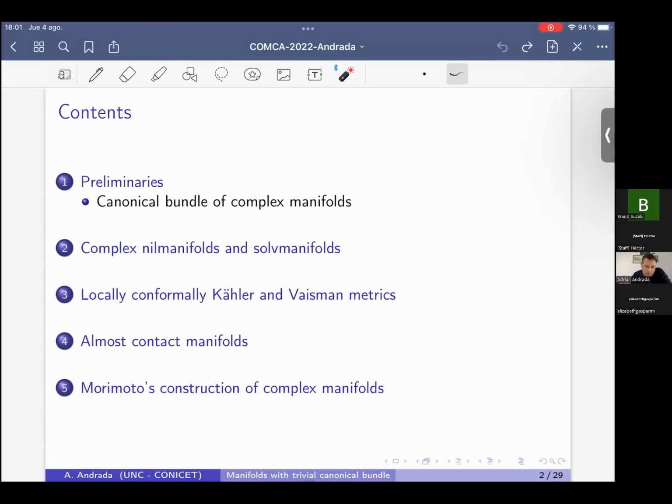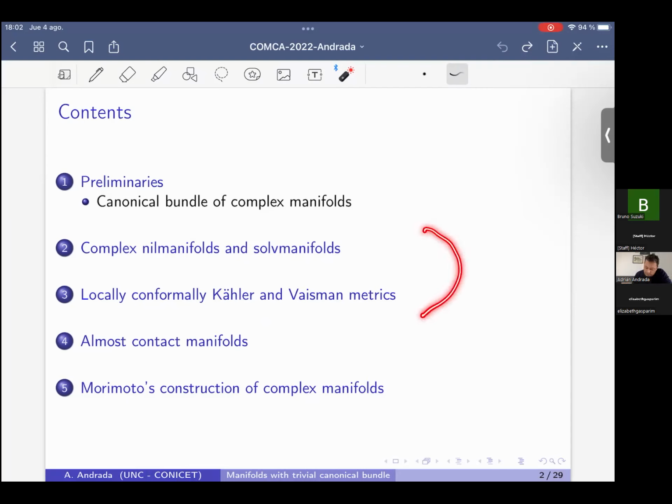We will remind a little bit about the canonical bundle of complex manifolds, and then we will move to the objects of our study, which will be mainly in two different settings. One will be in complex nilmanifolds and solvmanifolds, equipped mainly with locally conformally Kähler metrics.